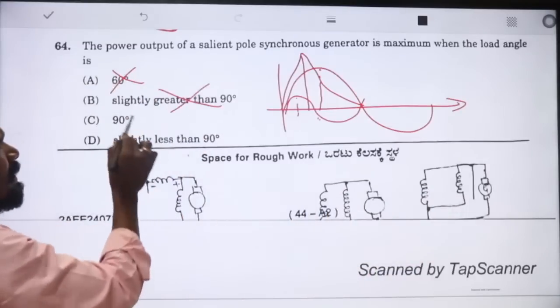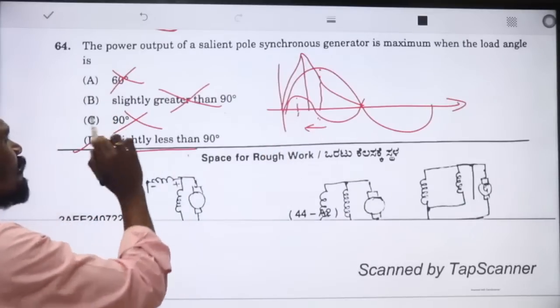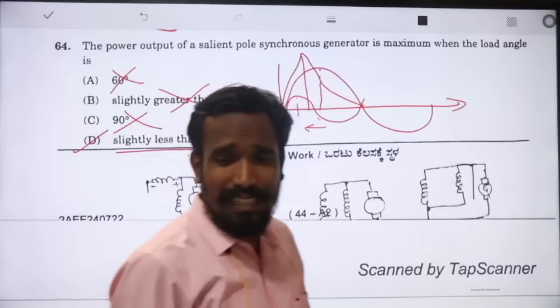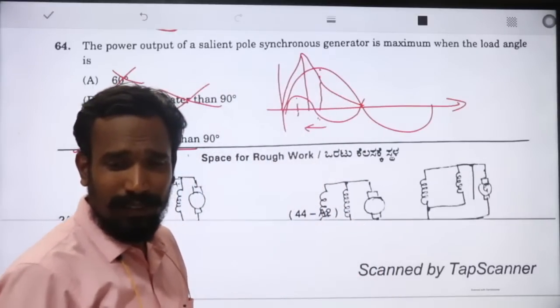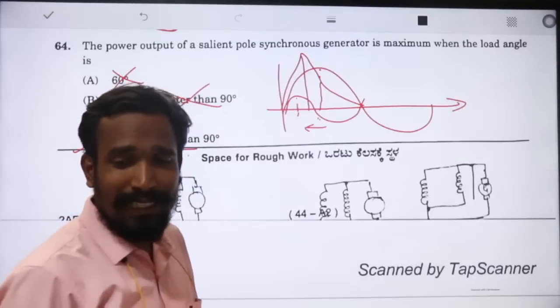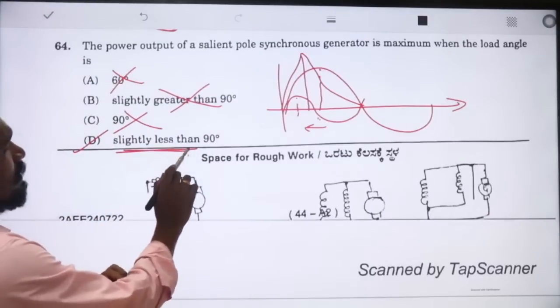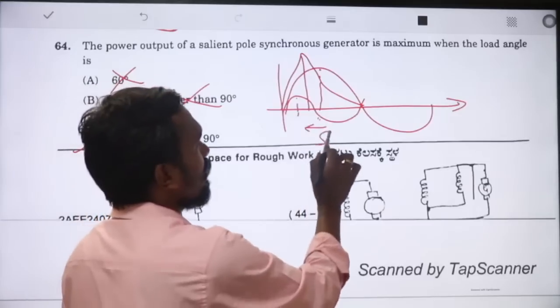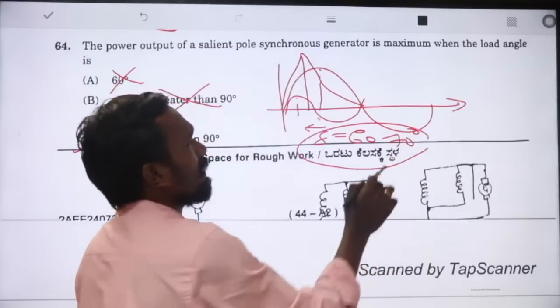Slightly greater than 90, 90 is the wrong answer. Slightly less than 90 is the 100% correct answer here. So slightly less than 90 degrees, at a load angle of around 60 to 70 degrees, we can get the maximum power.